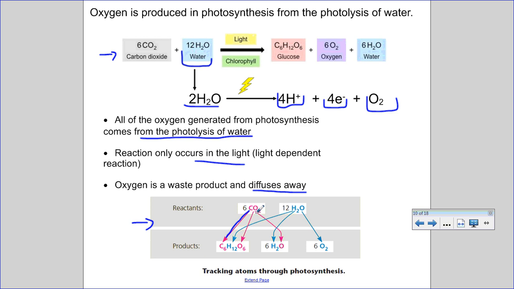The oxygen from CO2, some of it will go towards the oxygen in glucose, some of it towards the oxygen in water. From the water, all of the hydrogens are used to create glucose, and then some of those hydrogens are used to create water, and then all of the oxygen gets used to create oxygen gas.